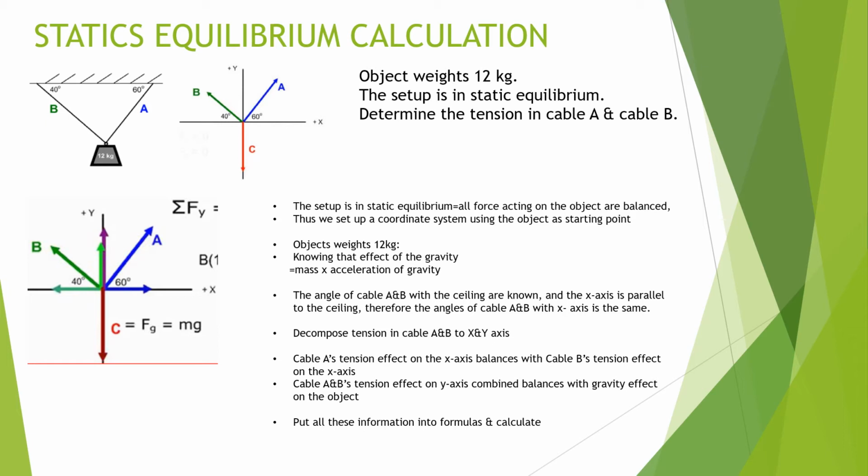On top of that, cable A and cable B's tension effects on the y-axis combined will be balancing the effect of gravity on the object. Lastly, we have all the information we need to solve this question. Let's now move on to the next slide and put all this information into formulas and do the calculation.